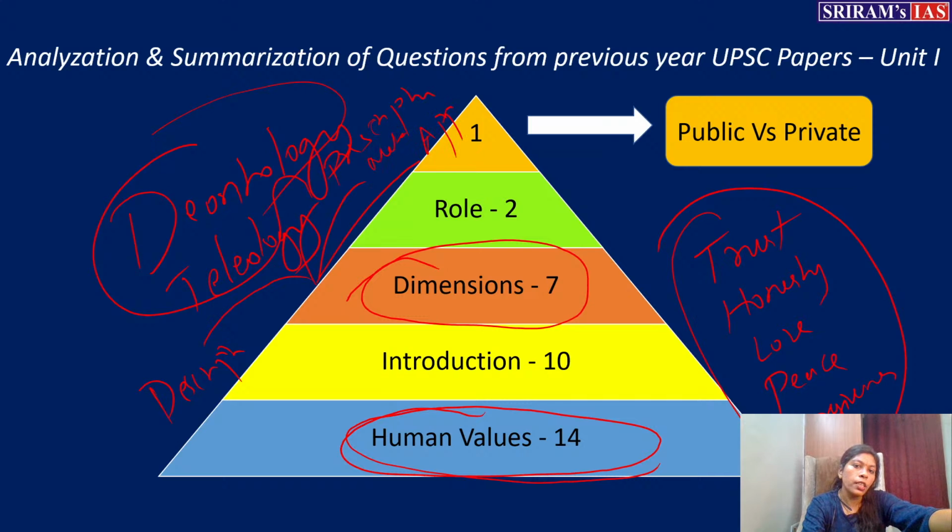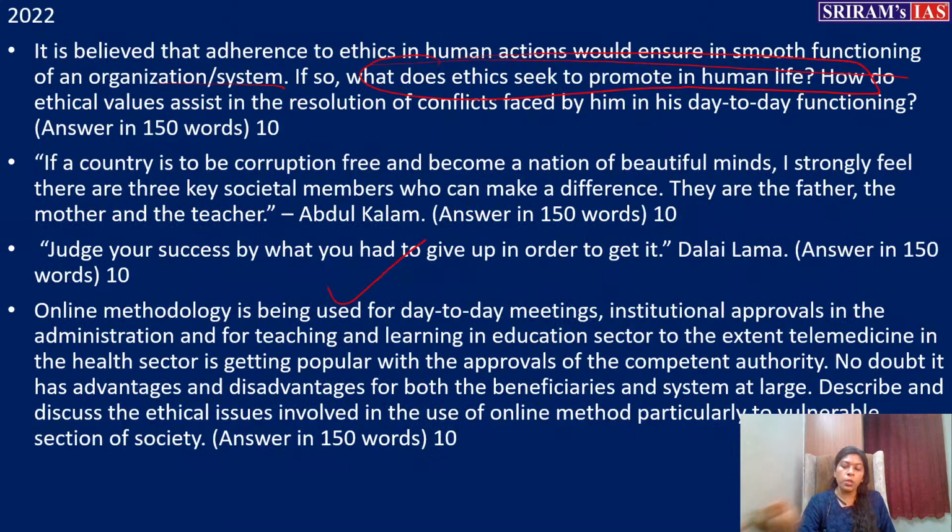So if the question is going to come from the dimensions part, it will be from the applied section and prescriptive sections. Applied section, either it can be environmental ethics. In 2015, they asked about environmental ethics. Recently, in 2020 and 2022, you can see this. The question is from the digital transformation, online method.